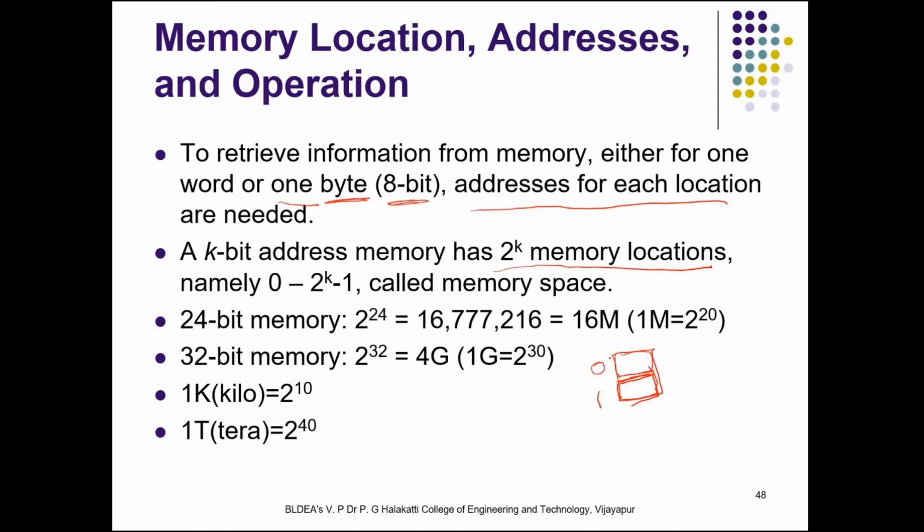Since I am using binary representation to address the memory, 0 means the first location of the memory, 1 means the second location. This is when there are only 2 memory locations.